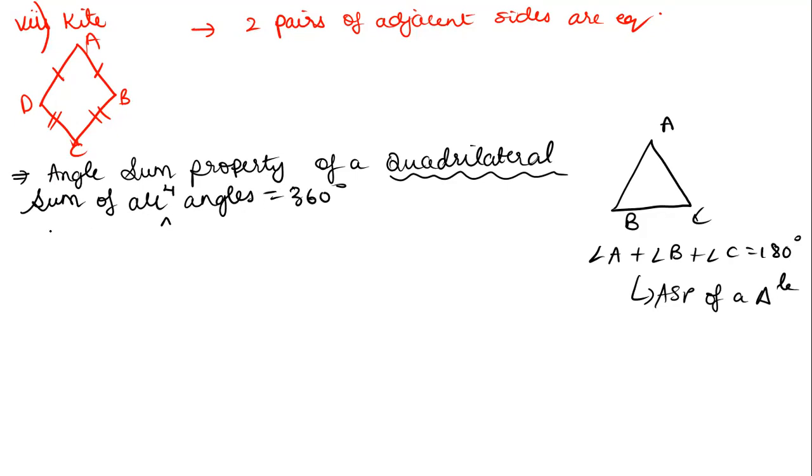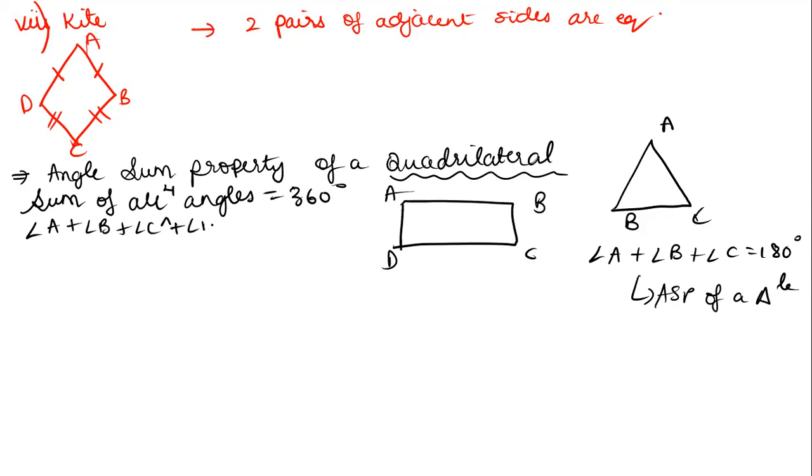So let's construct a figure, like for example this one, A, B, C, D. Now according to this angle sum property, we can say that angle A plus angle B plus angle C plus angle D is equal to 360 degrees, right? Now let me share with you the proof of this theorem.